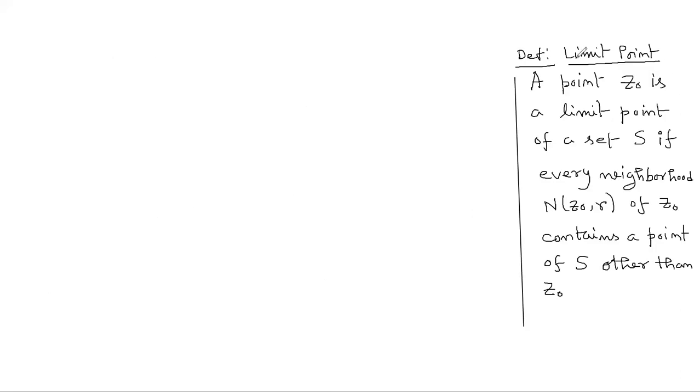Now, according to the definition of limit point, a point z0 is a limit point of a set E if every neighborhood of z0 contains a point of E other than z0. So 0 is a limit point of the set of all singularities of the function f(z).